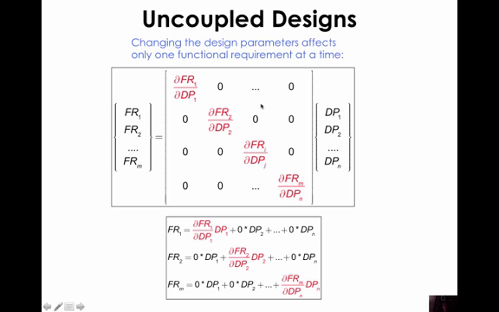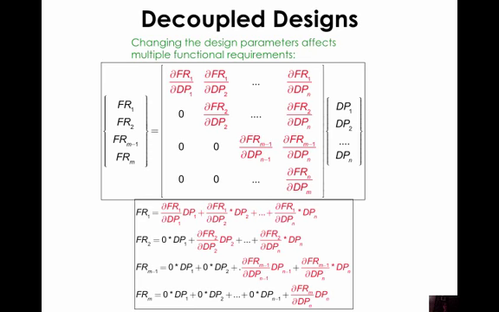So this is an uncoupled design. And we get this nice mathematical representation because we can see by looking at it that we do not have a coupled situation. So this is the ideal design. We change one design parameter and it affects only the functional requirement it's associated with.